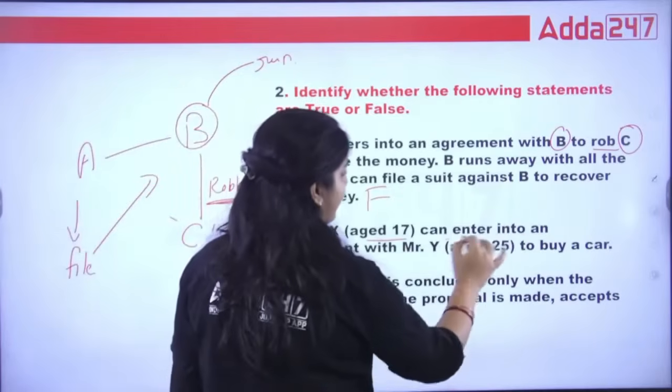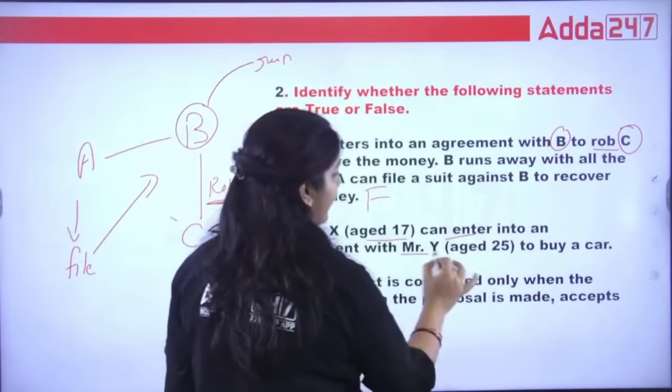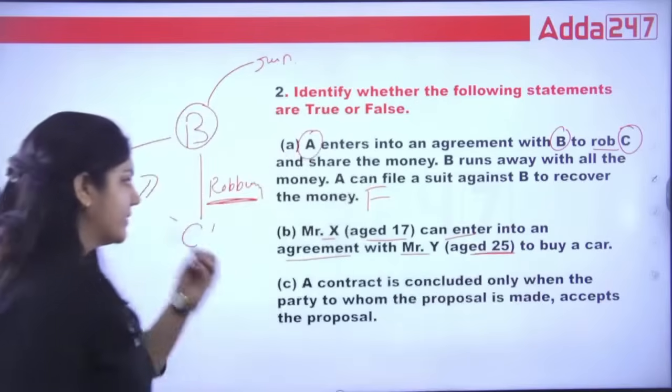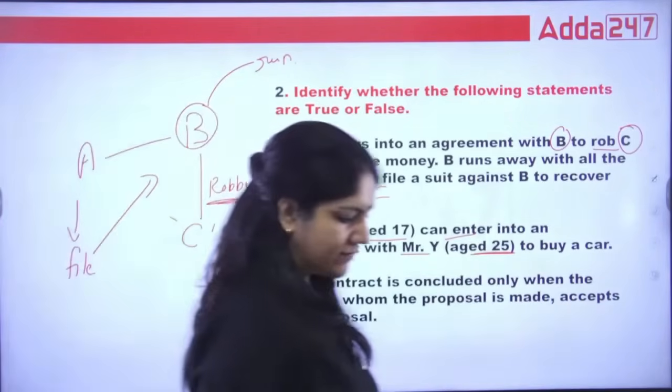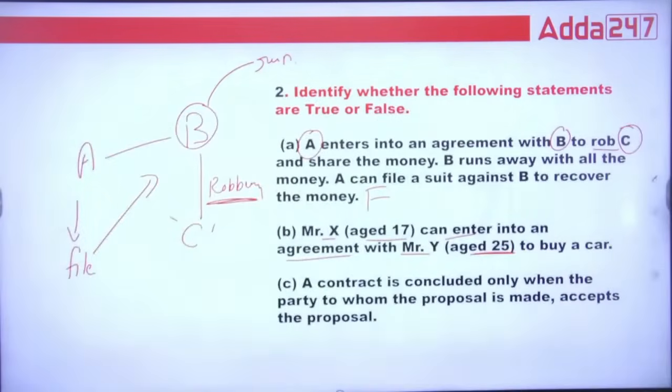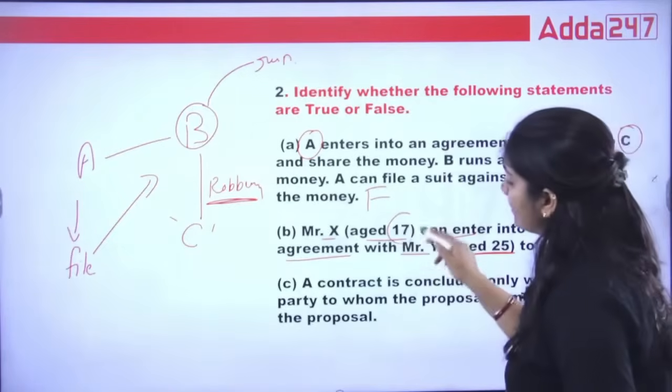Now, X, aged 17, can enter into an agreement with Y, aged 25. This is true and false. Tell me, class. X enters into an agreement with Y to buy a car. So class, X is 17.